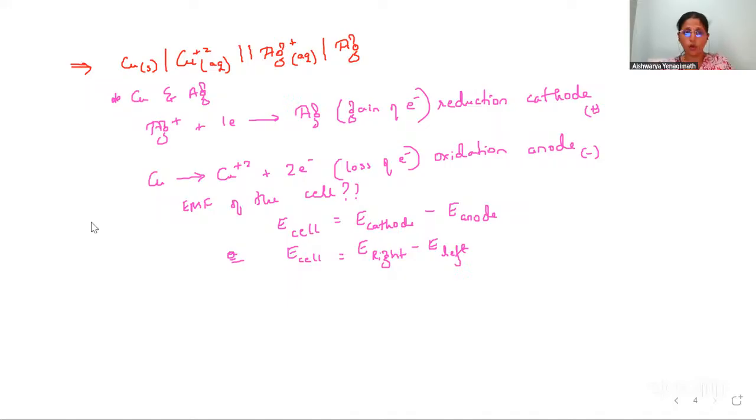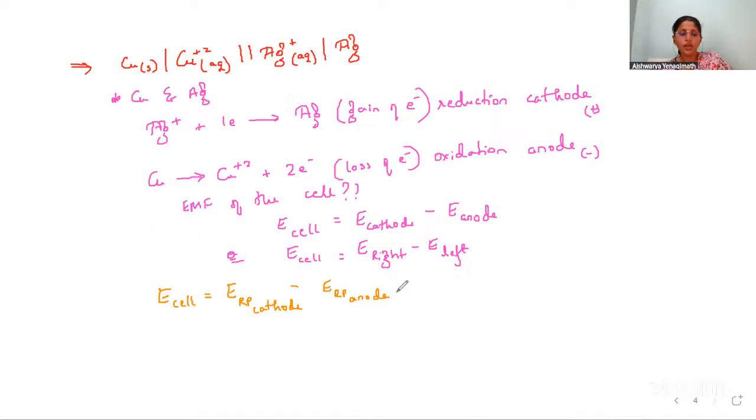So I can also write E cell is nothing but the reduction potential taking place at cathode minus the reduction potential occurring at anode. This is just a convention. Whenever we say cell potential, we are talking about reduction potential.